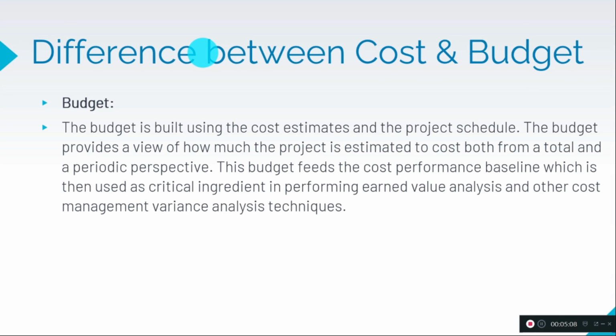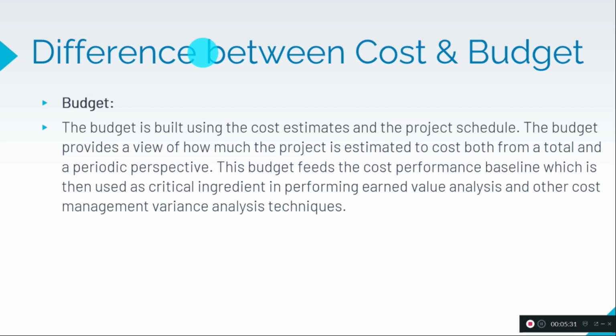Let's see what is the budget. The budget is built using the cost estimates and the project schedule. So the budget is built on the cost estimation and project schedule. So without calculating the cost for the project, we can't create the budget for the project.